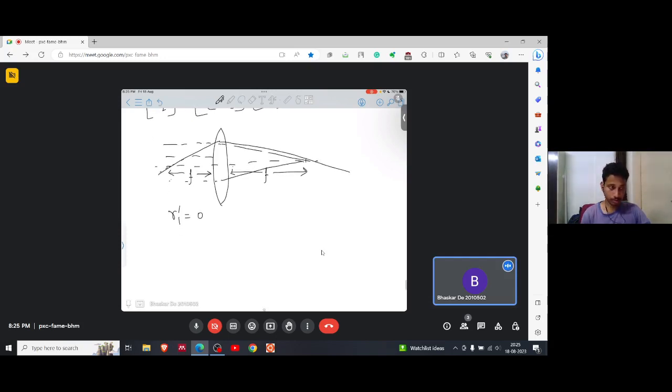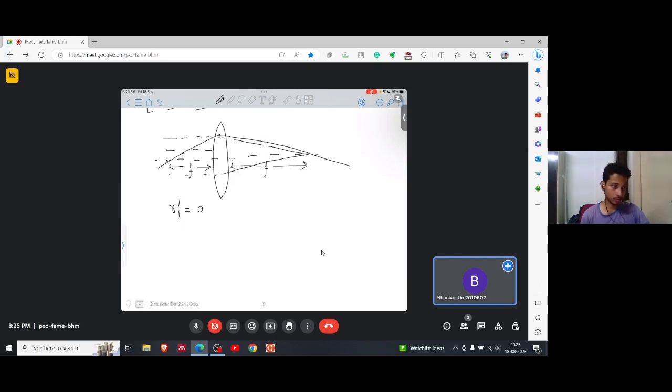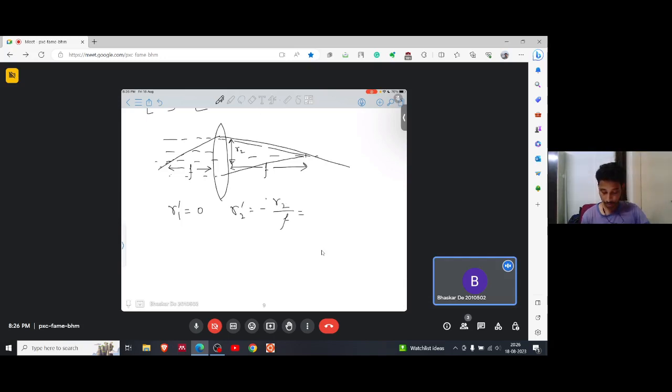So when we are talking about the parallel beam, r1 dash is equal to 0 because it is the input slope, and then r2 dash will be, so this is r2, minus r2 by f, which is equal to minus r1 by f.